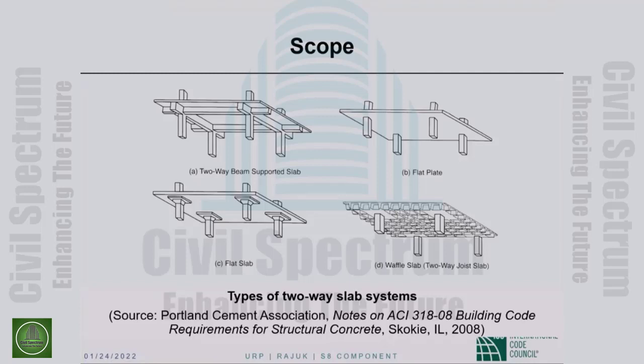The big attraction of this slab system is that you get the shallowest, what we call the ceiling sandwich. You don't need any false ceiling or anything. So with the flat plate, the story height can be the smallest among all the slab systems available to us.